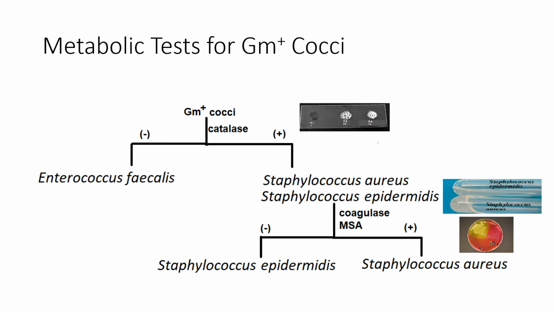Now, let's just think about this for just a minute before we go further and move away from gram-positive cocci altogether. And that is, if you think about where these organisms would naturally be found in nature, then the results of the tests that we have done become very obvious. Staph aureus and Staph epidermidis can be found, guess where?